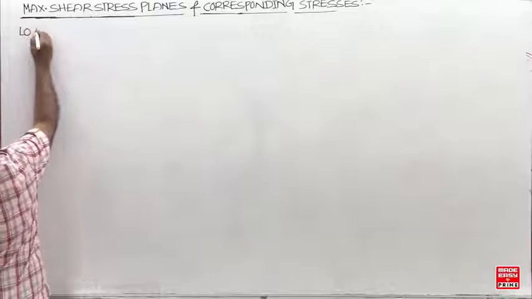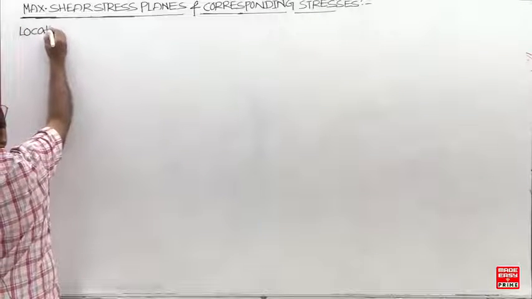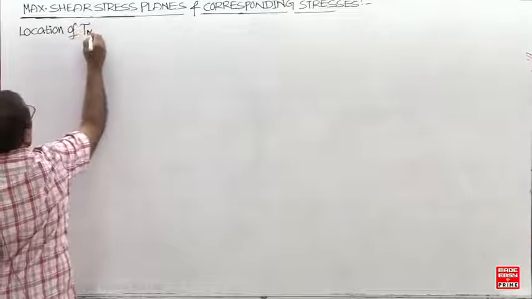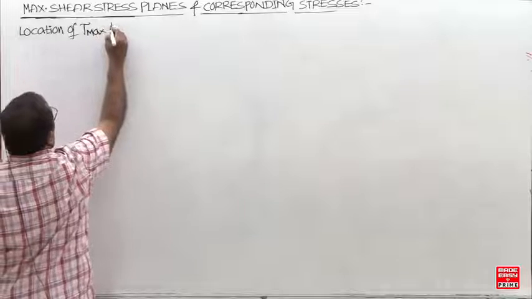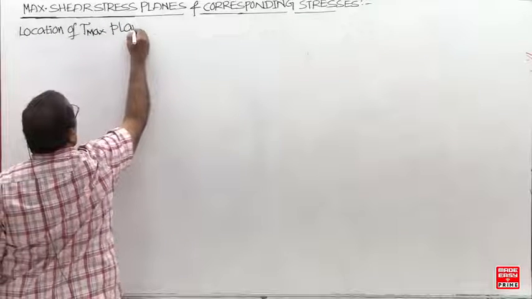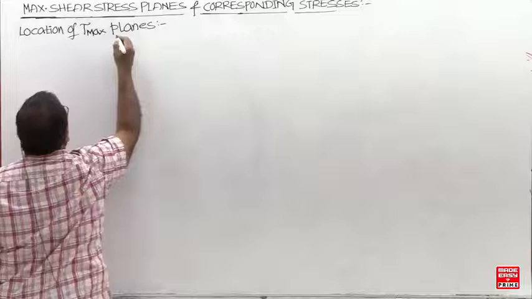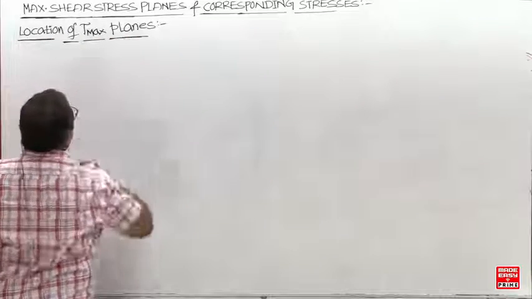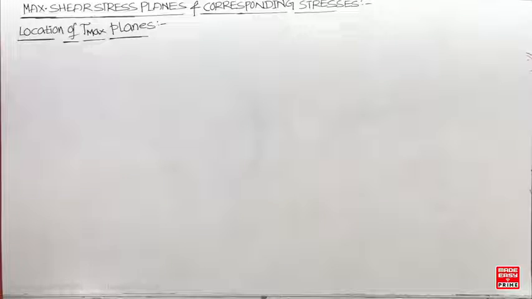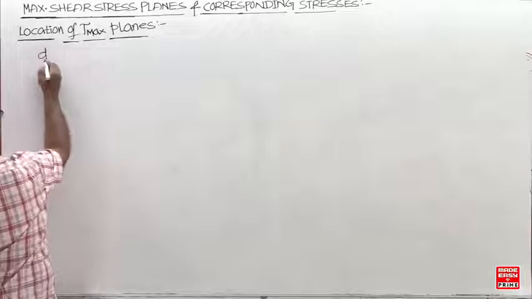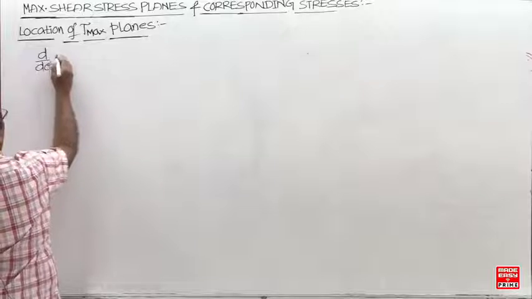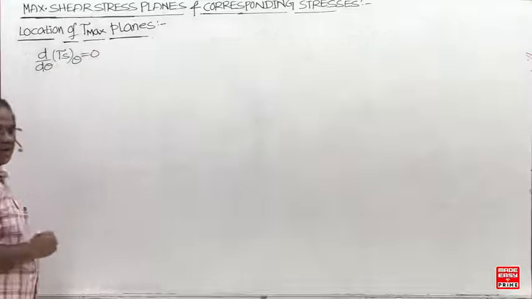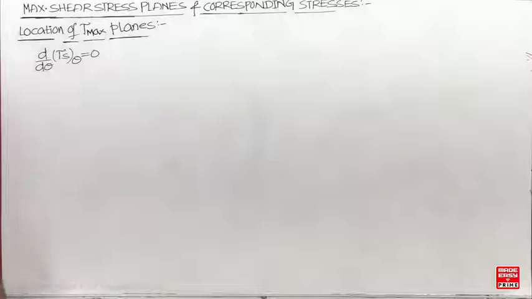First, location of tau max planes: differentiating the tau equation with respect to theta and equating to zero.